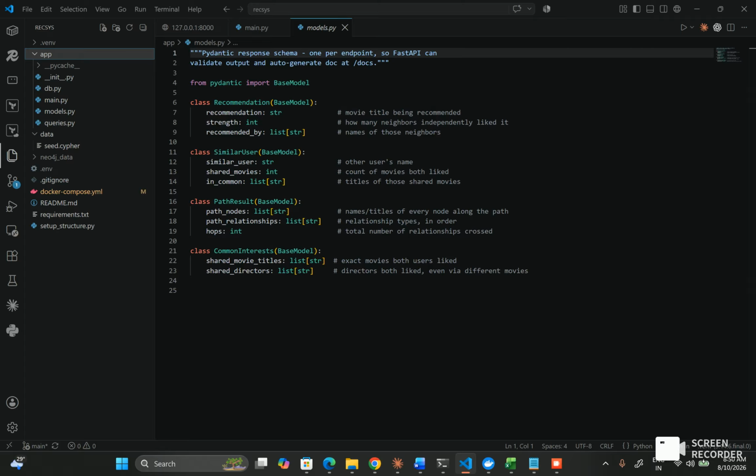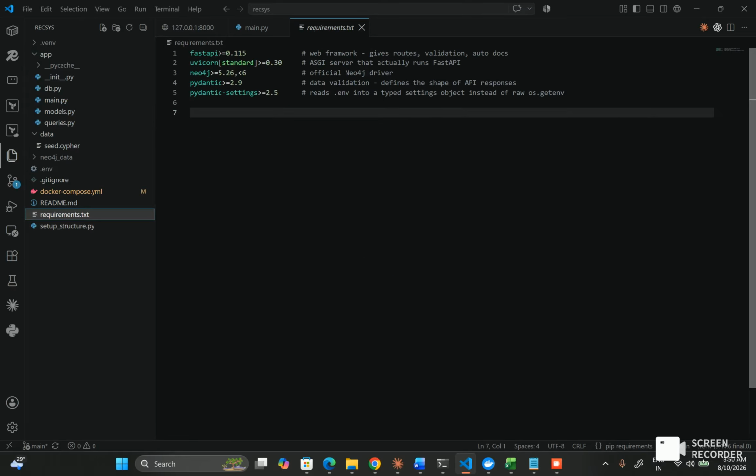Let's go through all the important files, starting with requirements.txt. Over here, there are five dependencies. FastAPI itself, and Uvicorn, the actual server that runs FastAPI. FastAPI can't run on its own; it needs something like this underneath it.